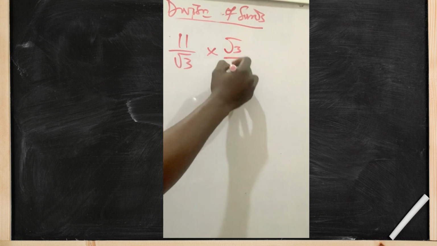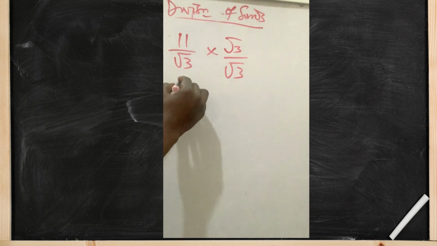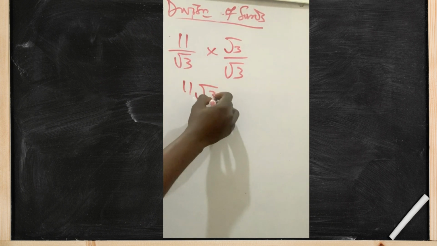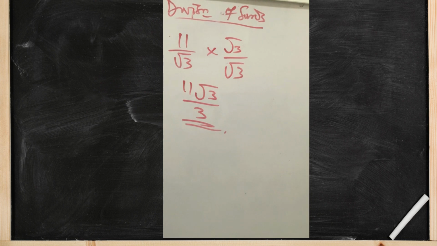So square root of 3 over square root of 3. This is still 1. Then this gives you 11 root 3 over 3. And that's the answer to the question. So this is just for multiplication and division of surds, and I hope this helps largely because they are not difficult questions. They are questions that can be simplified and solved with ease.